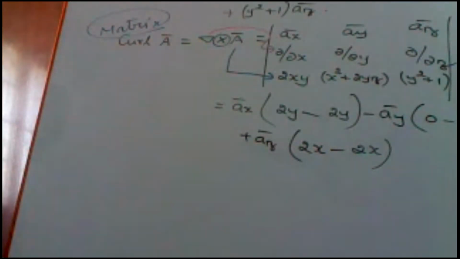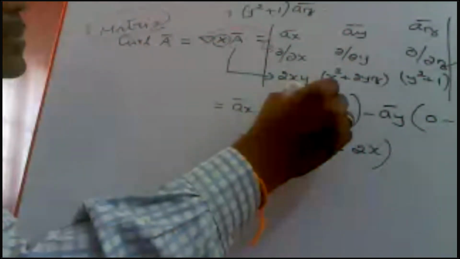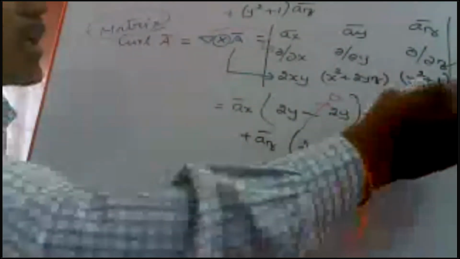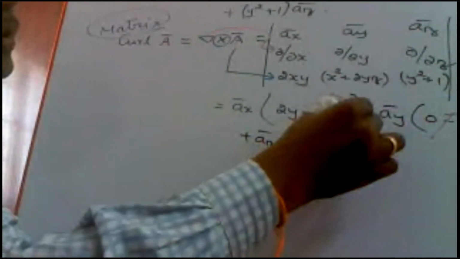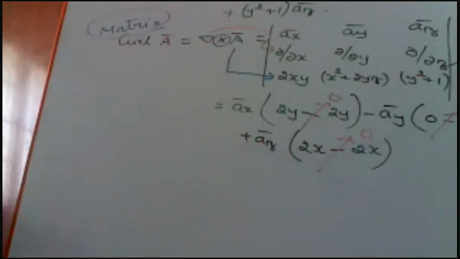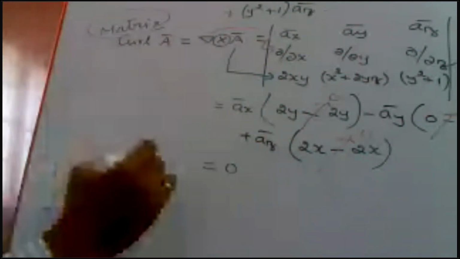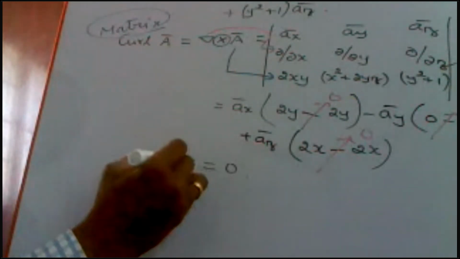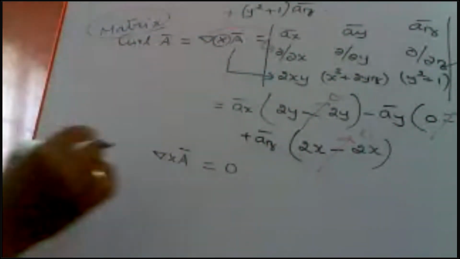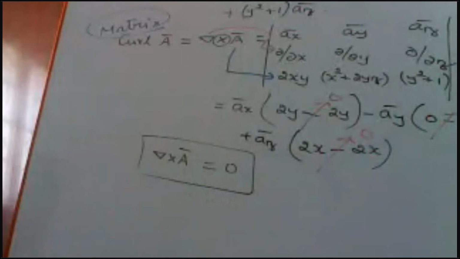The other terms are already 0. So this value is 0, and the final answer is 0. So the given vector is irrotational.